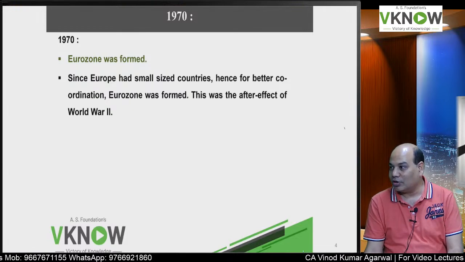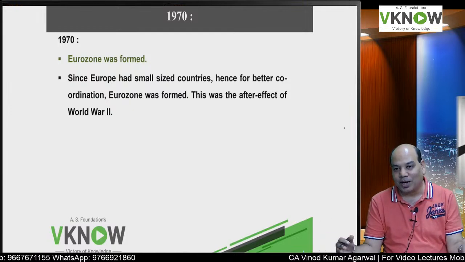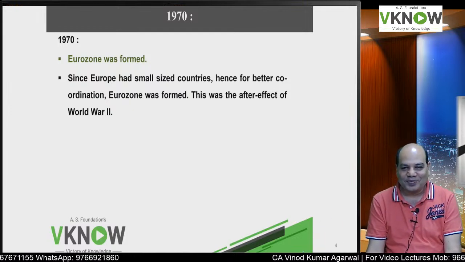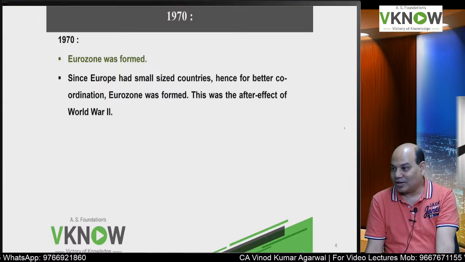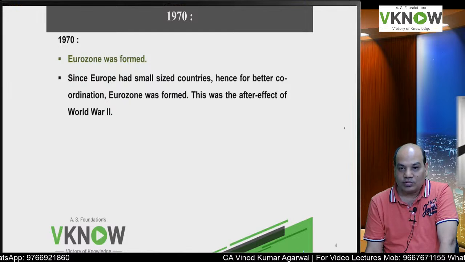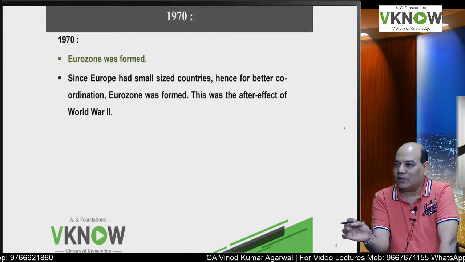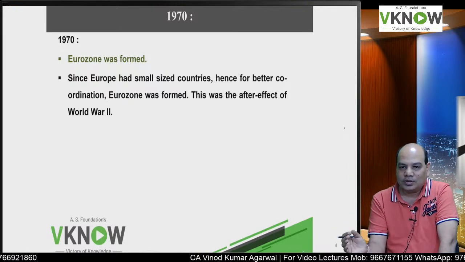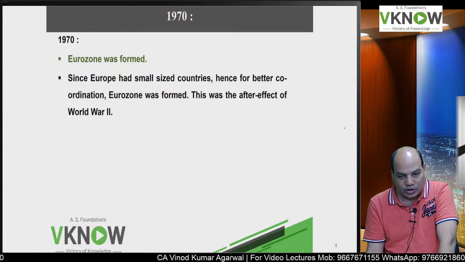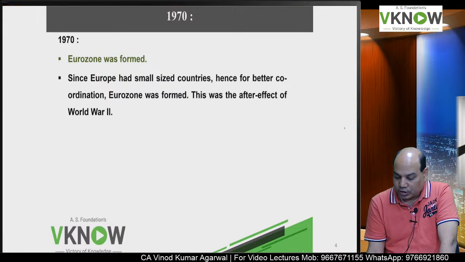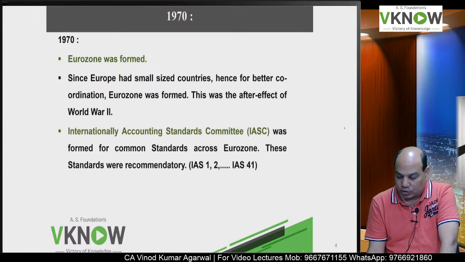In India, in a small area only, a part of a town may have more population than the entire country. Is it right? So instead of having a separate standard for each small country, they decided to have a common standard. Hence, for better coordination, Eurozone was formed, and this was the after effect of World War II.